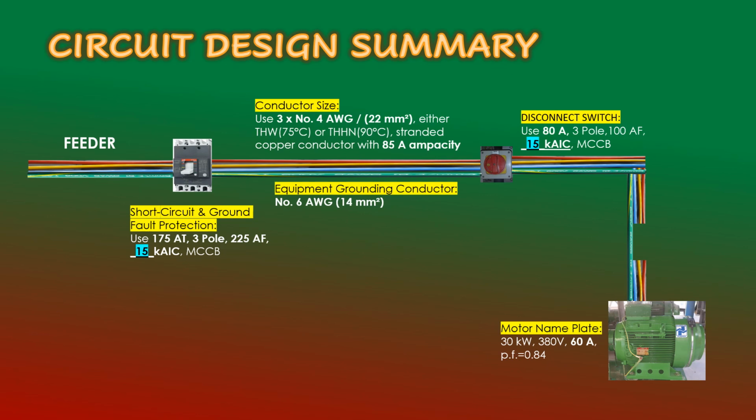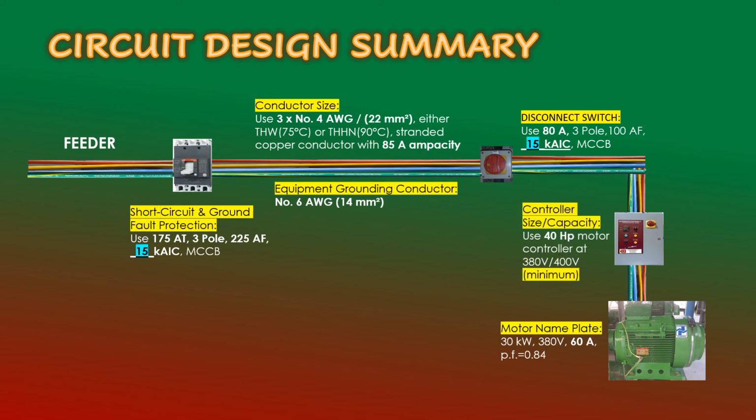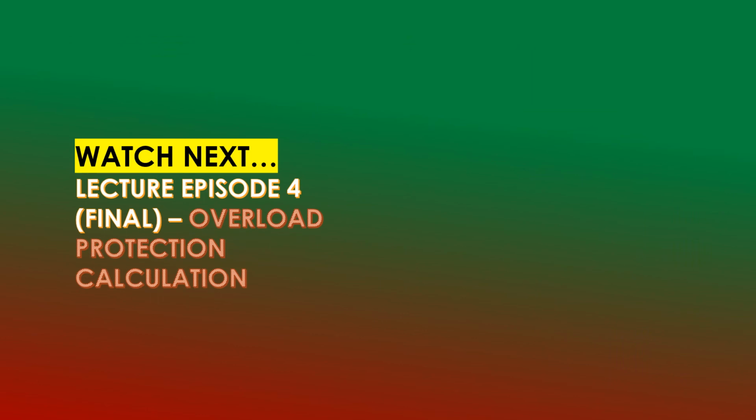We have also calculated the disconnect switch or isolator and the controller. What remains is the overload device range and the overload device setting, which will be discussed in the next episode of this motor topic. Next is lecture episode 4, the final episode, where we will determine the overload protection and its calculation.